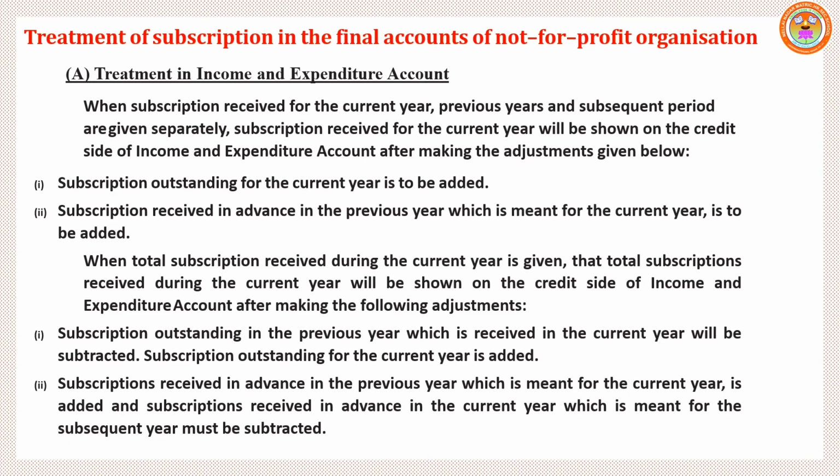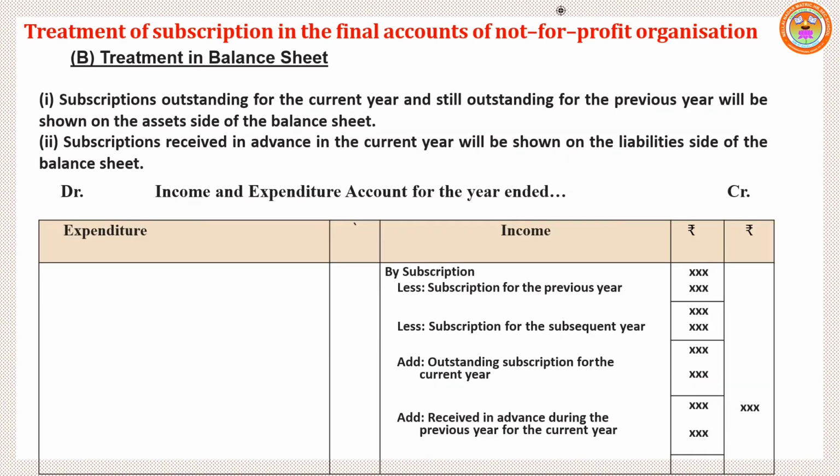Then how to show this subscription amount while preparing the balance sheet? Subscription outstanding for the current year, whereas still that amount is outstanding for the previous year, both will be shown on the asset side of the balance sheet.